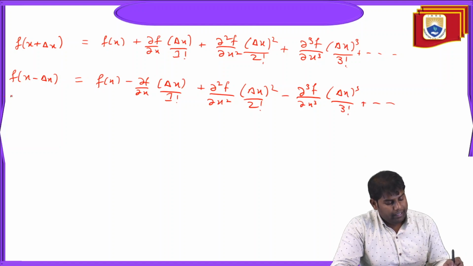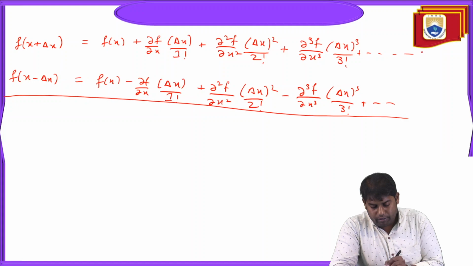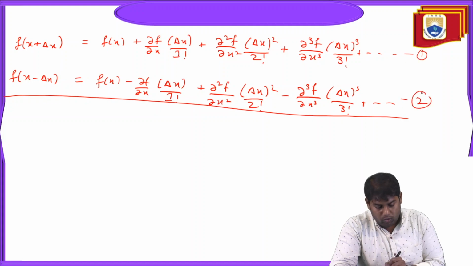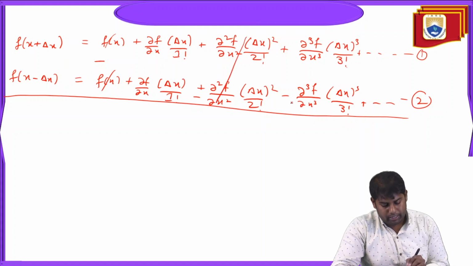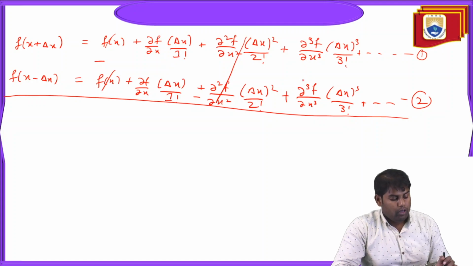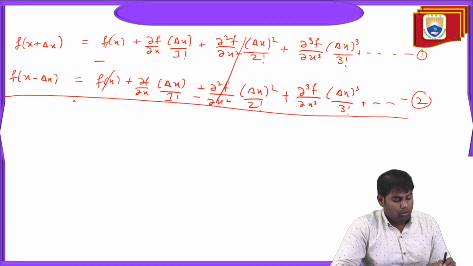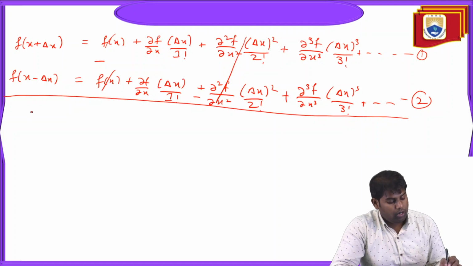Let's say we have equation 1 and equation 2. We will subtract equation 1 from equation 2. What happens? This term will get cancelled, so these two terms will get added up. This term will get cancelled, so this term will add up. So when you subtract equation 1 from 2, the odd derivative terms will remain and the even derivative terms will get cancelled out.